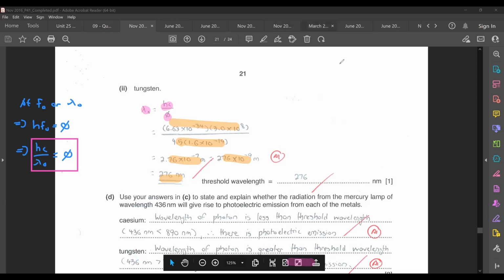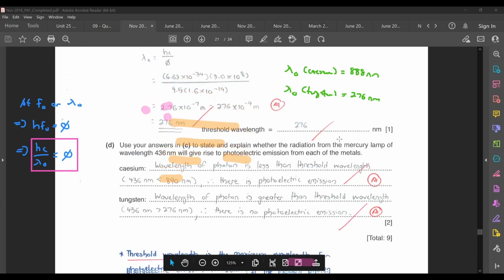Let me just write something out here first. The threshold wavelength for cesium was 888 nanometer. The threshold wavelength for tungsten is 276 nanometer.